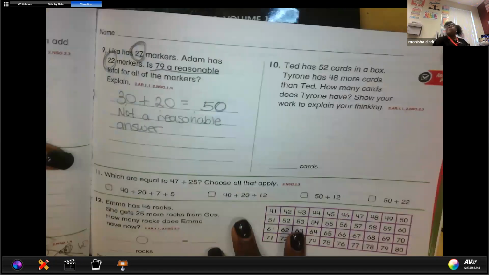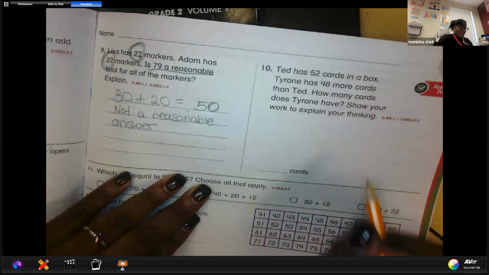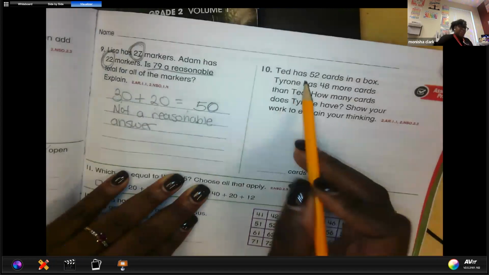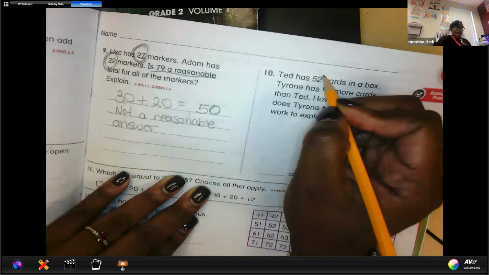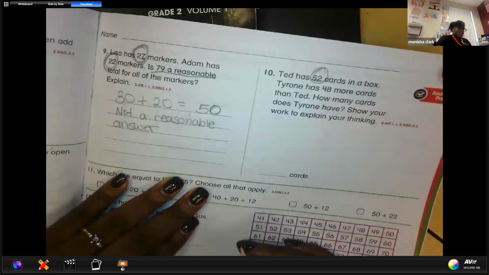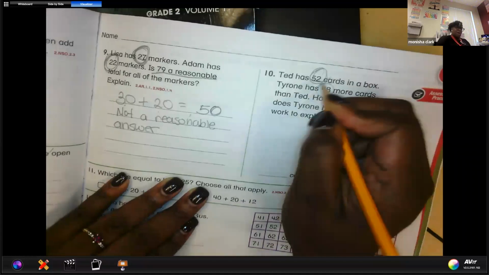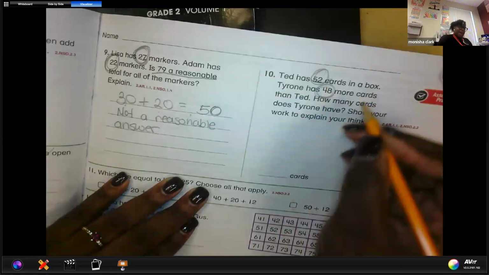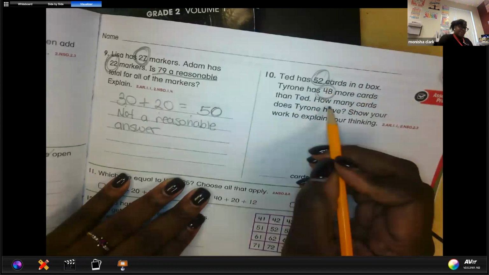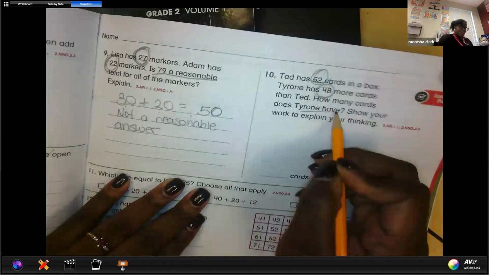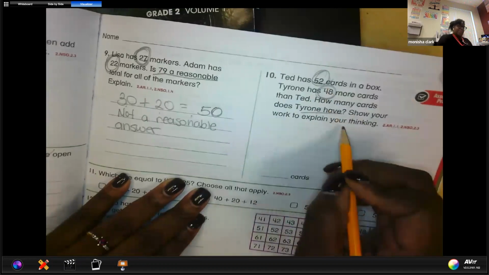Question number 10. Ted has 52 cards in a box. Tyrone has 48 more cards than Ted. How many cards does Tyrone have? Show your work. Explain your thinking.